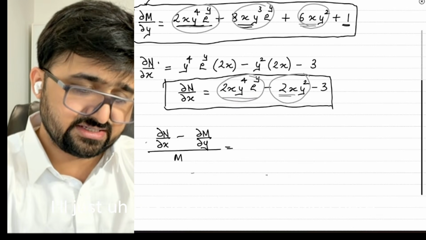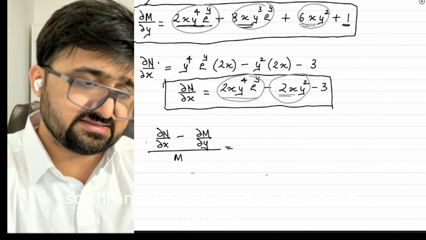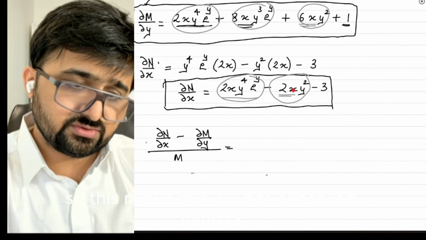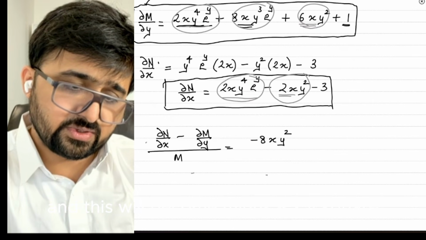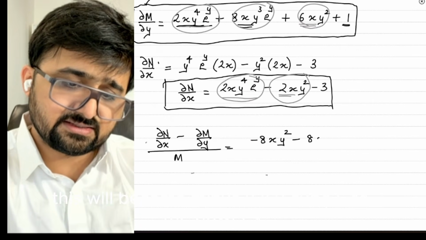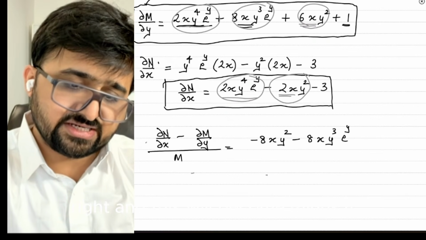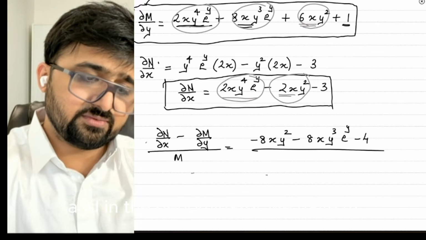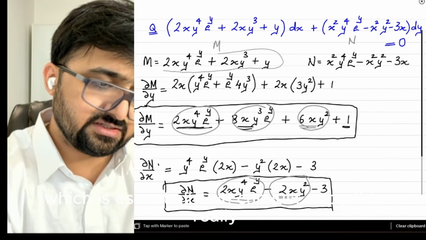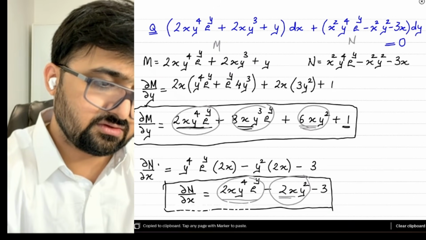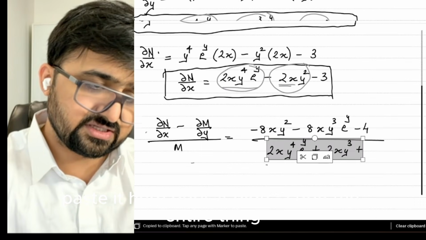I'll just re-substitute everything here. So we have n by x. This minus this will get cancelled. Minus 2, and this will become minus 8xy square. This will become minus 8xy cube e to the power y. And this will become minus 4. In the denominator, we have m, which we can just copy and paste here.